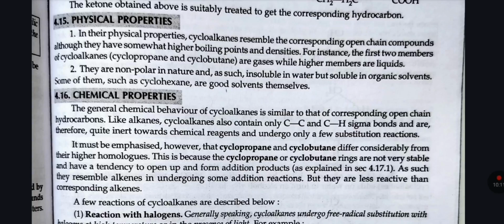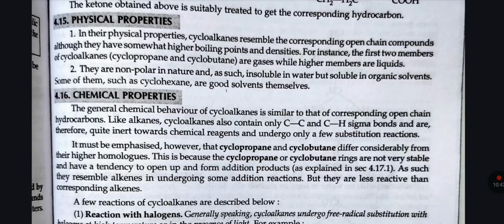It may be emphasized, however, that cyclopropane and cyclobutane differ considerably from their higher homologues. This is because the cyclopropane and cyclobutane rings are not very stable and have a tendency to open up and form addition products, as explained in section 4.17.1. As such, they resemble alkenes in undergoing some addition reactions, but they are less reactive than the corresponding alkenes.